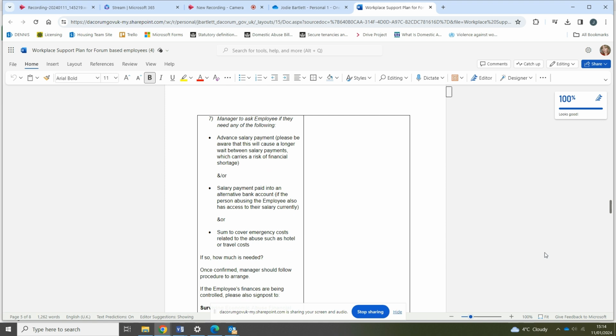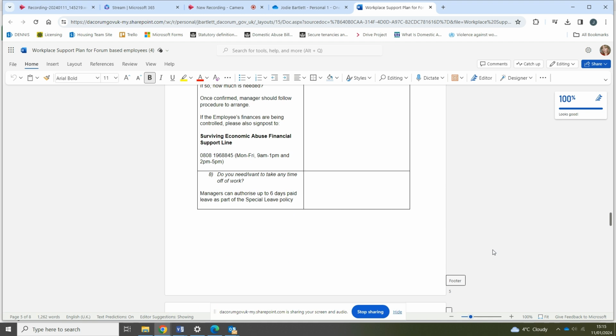So we have considered and consulted around the possibility of advanced salary payment, and what we have also agreed with SLT is that if there is a need to access a sort of emergency fund or to access funds to support somebody fleeing or accessing emergency accommodation, those sorts of things, then that can be arranged, and that would be best arranged either directly through contacting Matt Rawdon or Natasha Beresford, and you can do that on behalf of the employee. So something to discuss with them and just see if that's something they would benefit from.